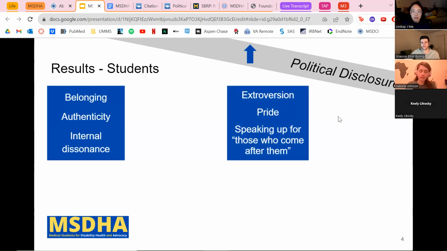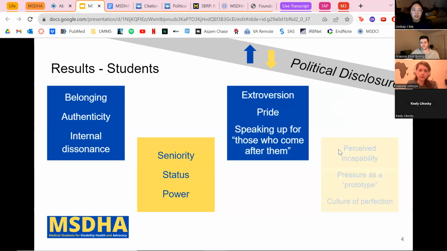Another aspect was extroversion as a character trait, pride, and trying to speak up for those who come after them. There are also factors that can make political disclosure more challenging. According to students, some of these included seniority, status, power, or lack thereof, and perceived incapability, and pressure as a prototype.